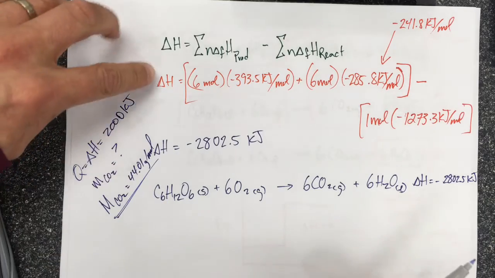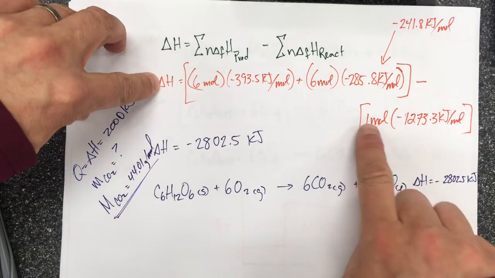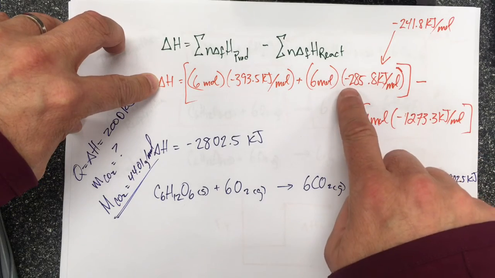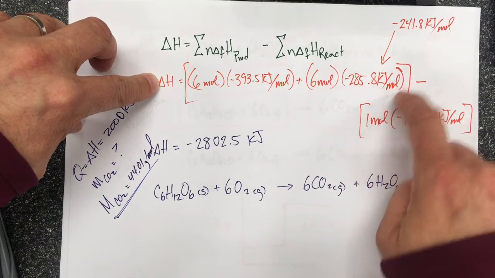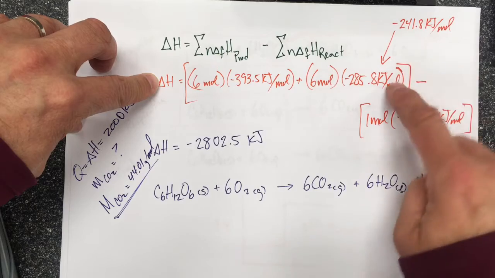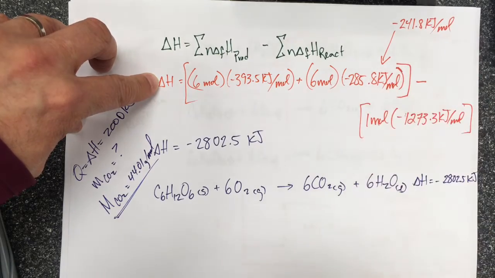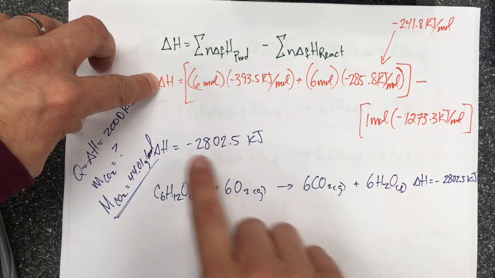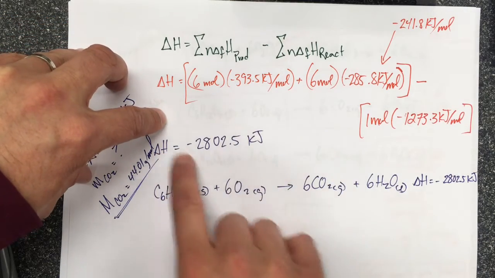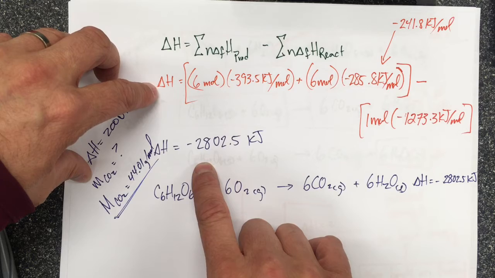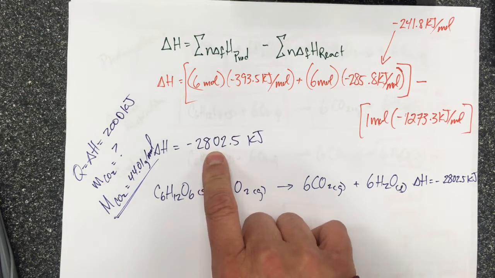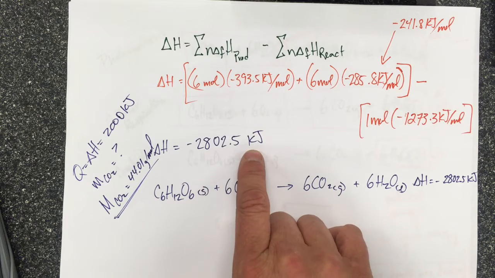Well, in the previous video, we had discussed how the energy difference between cellular respiration and combustion are different because the state of matter for carbon dioxide in those is different. So you get different formation enthalpies. I've gone and calculated what the enthalpy of cellular respiration would be, and it's negative 2,802.5 kilojoules.